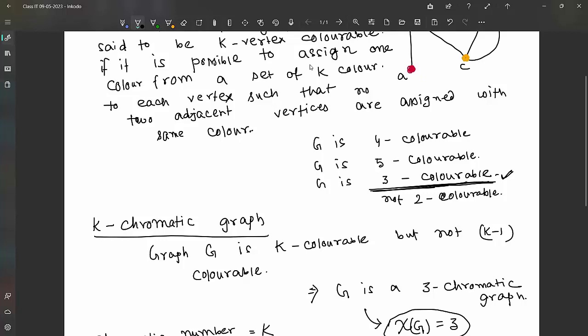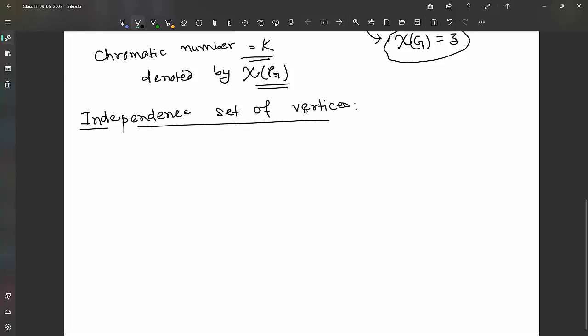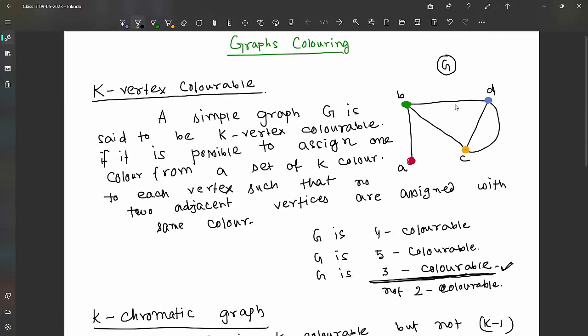Okay. Now, another term we have discussed is the independent set of vertices. So an independent set of vertices means, if this is a graph G, you take a set of vertices in such a way that no two vertices are adjacent to each other.